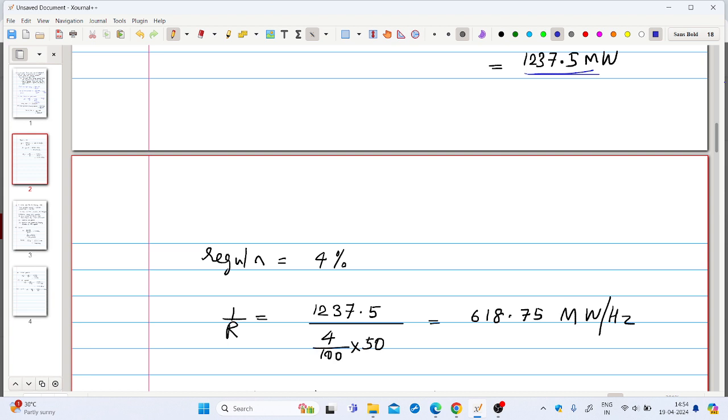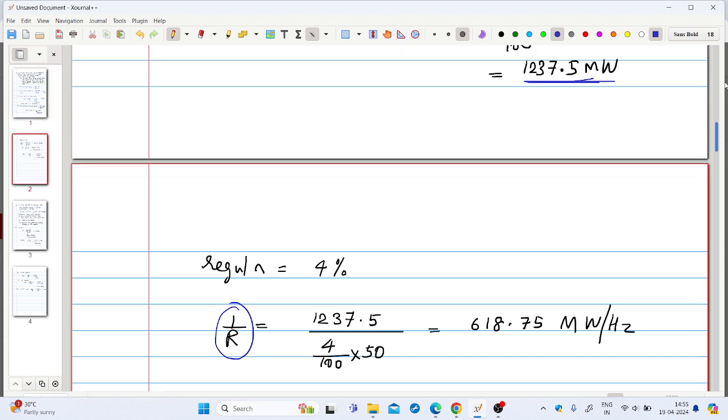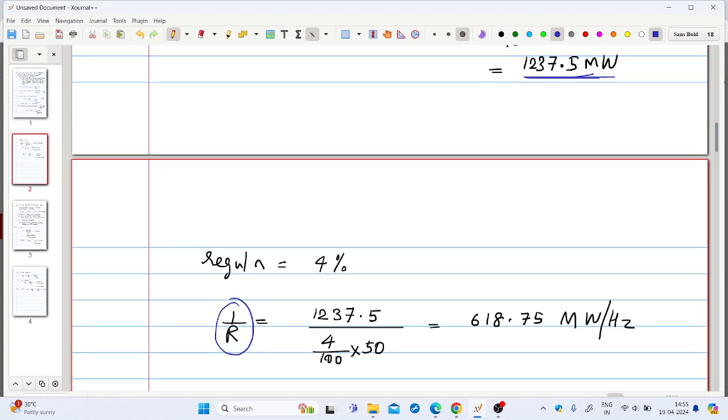So regulation of the speed governor is given as 4%. So the reciprocal of speed droop coefficient, 1 by R, is equal to delta PG by delta F. Delta PG, the total capacity of the generation which will respond to load changes, 1237.5, divided by 4% change in nominal frequency.